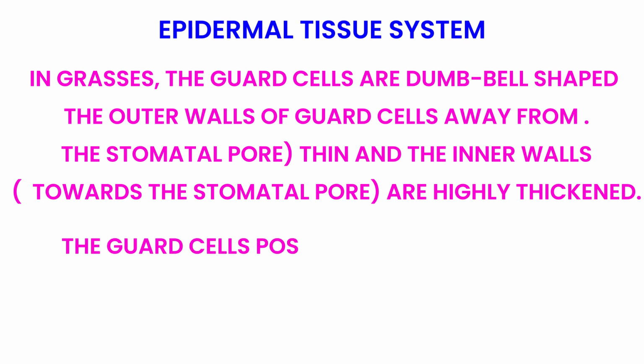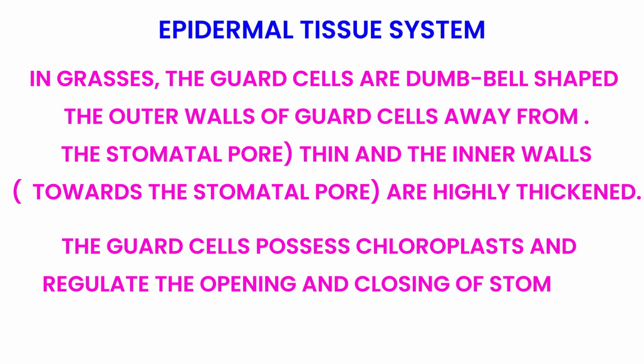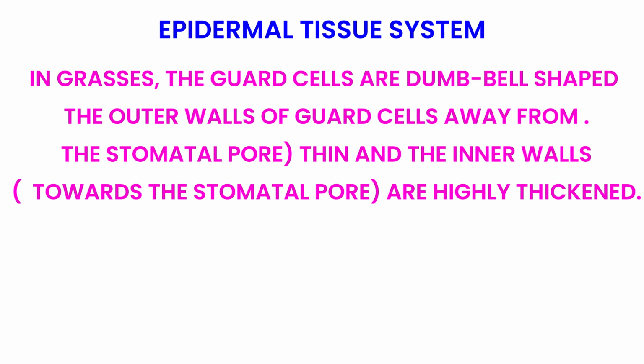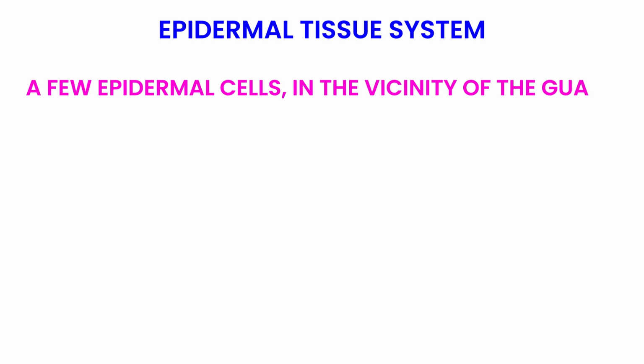The guard cells possess chloroplasts and they regulate the opening and closing of stomata. So both are regulated by the guard cells. A few epidermal cells in the vicinity of the guard cells become specialized in shape and size, called subsidiary cells.